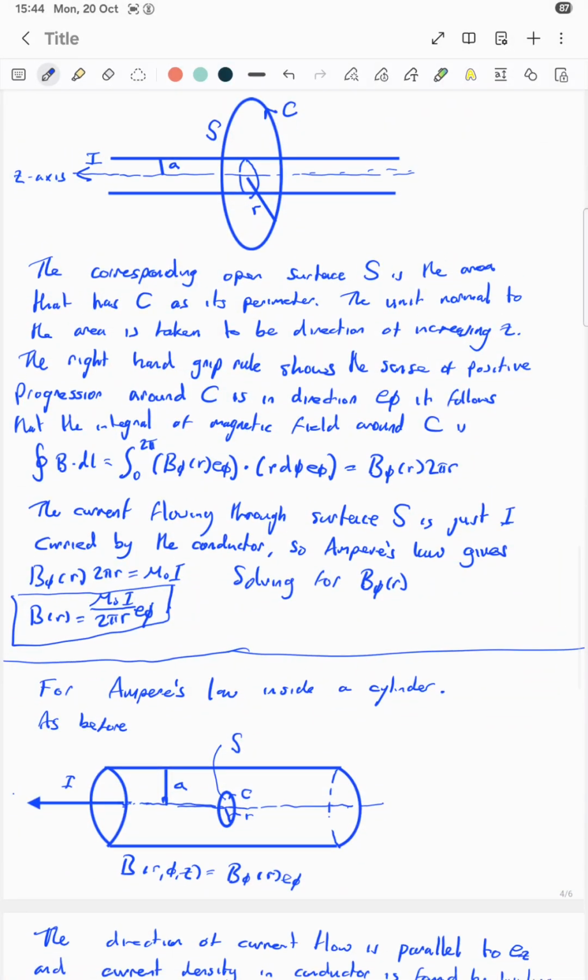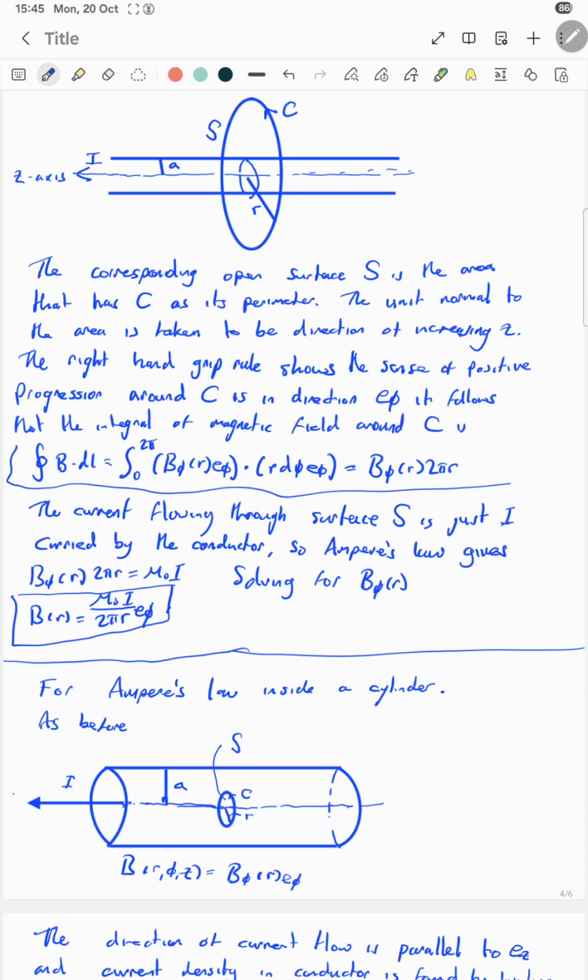The corresponding open surface S is the area that has C as its perimeter. The unit normal to the area is taken to be the direction of increasing z. The right-hand grip rule shows the sense of positive progression around C is the direction e phi. It follows that the integral of the magnetic field around C is given here.